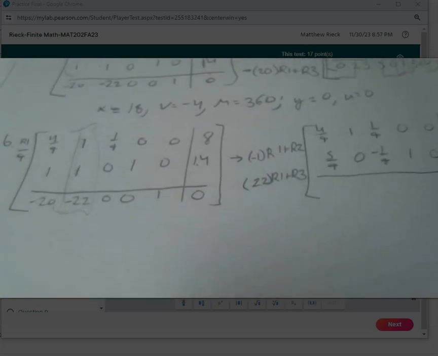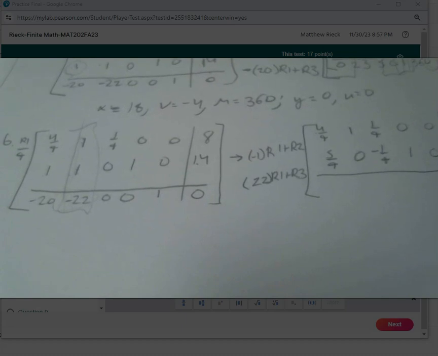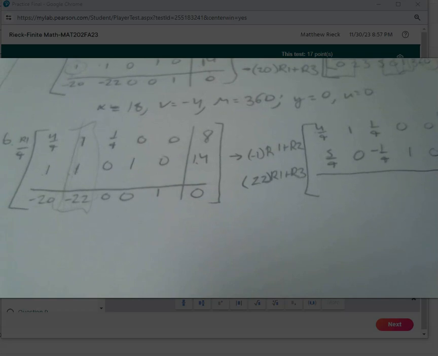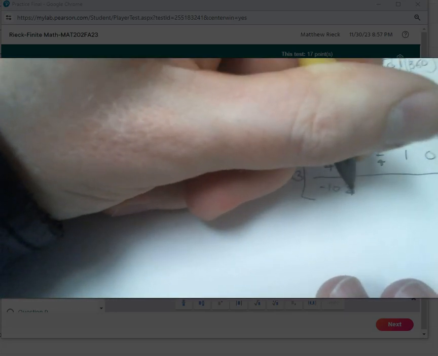So we have 22 times 4/9 minus 20. So it looks like we have -10 and 2/9.